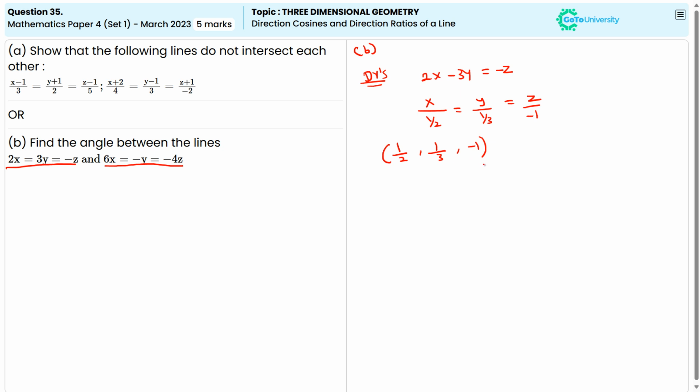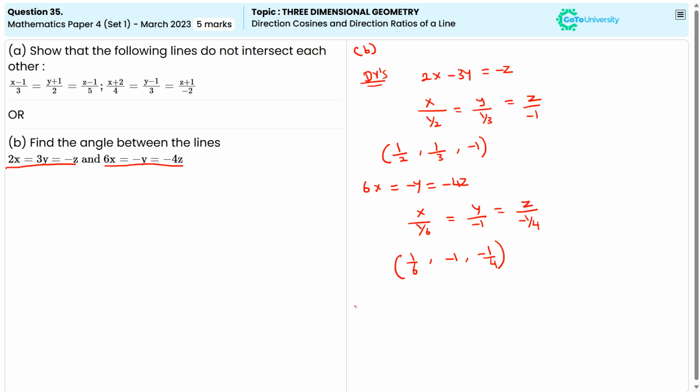So we can write the direction ratios as 1 by 2, 1 by 3, minus 1. And the direction ratios for the line 6x equal to minus y equal to minus 4z can be written as x by 1 by 6 equal to y by minus 1 equal to z by minus 1 by 4. So now the direction ratios are 1 by 6, minus 1, minus 1 by 4.